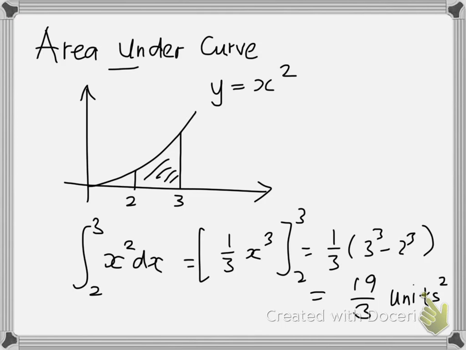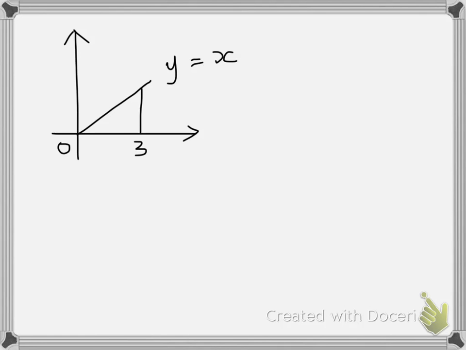Okay, so let me just show one. Let's say you have this straight line, y equal to x, for example. Let's do this fairly easily. So this from 0 to, let's say, 3. Okay? Now obviously, if you do your normal way, you will be able to find the area here, right?